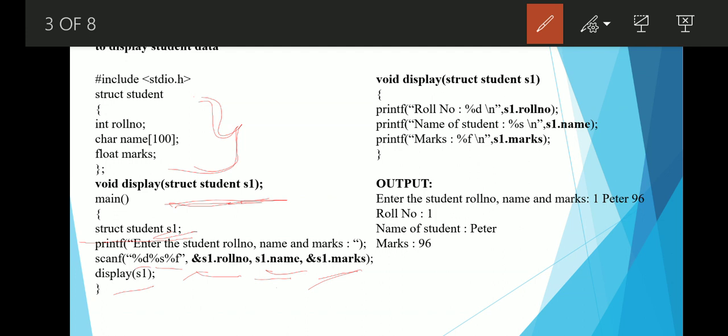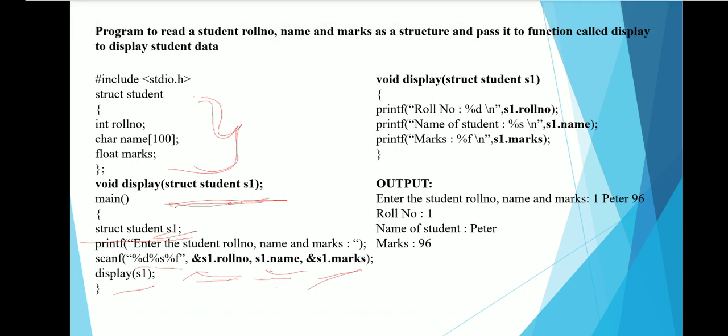So s1 is the whole structure, it is not a single value or a single roll number or single name or marks, it is the whole structure. So what we are exactly doing here is we are passing a whole structure as the argument to the display function. Once the control comes here, it stops and it will skip to the display function.